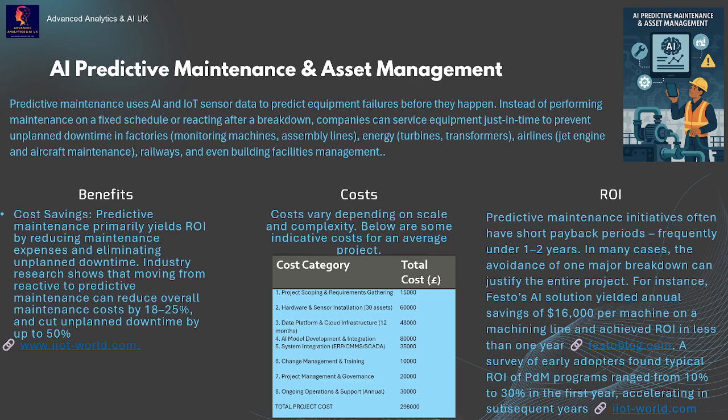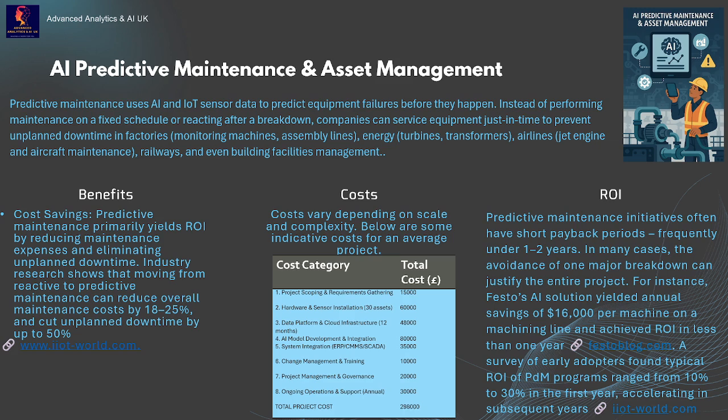Costs vary on implementation. You might be a massive industrial complex, or you might be a small business, in which case those costs will scale as relevant. And the ROI is typically within 1 to 2 years. I think you should be looking at an ROI of all of these within 3 years on any implementation of AI if it's done adequately.